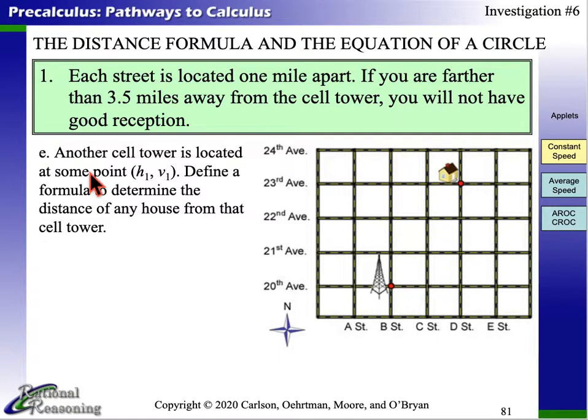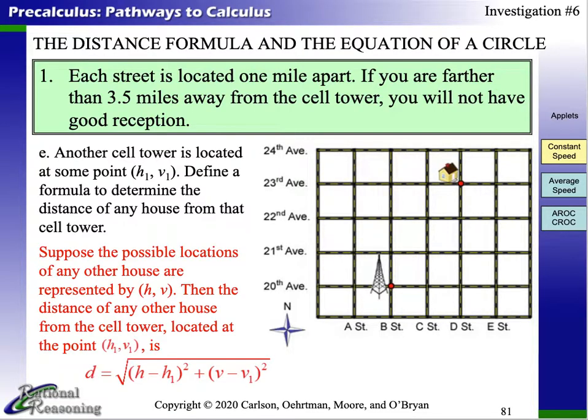So they also tell us that we have another cell tower located at some other point, H1, V1, to find a formula to determine the distance of any house from that cell tower. Okay, same thing. Distance from this one, again, what we defined is that house would be H and V away.